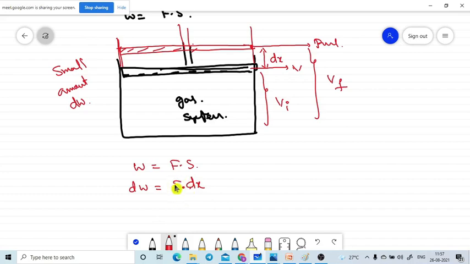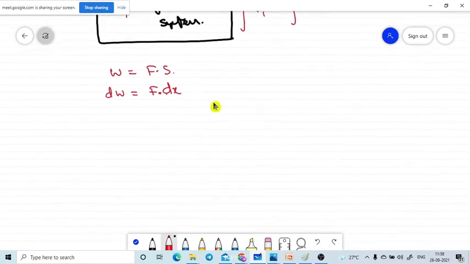Let's assume the surface area of the piston is A and the pressure of the gas is P. From the fundamental formula, pressure is equal to force by area. We need the F value, so F is equal to pressure into area.